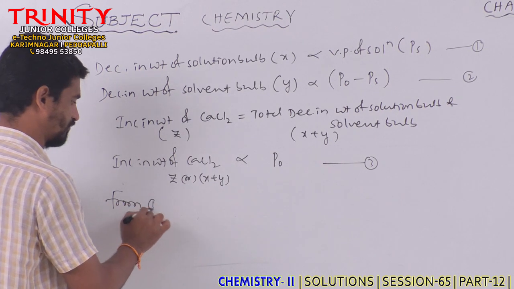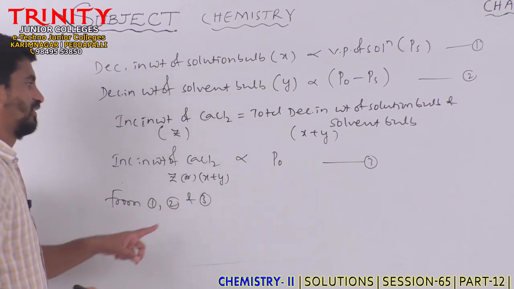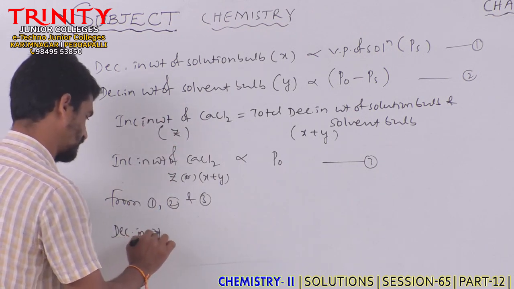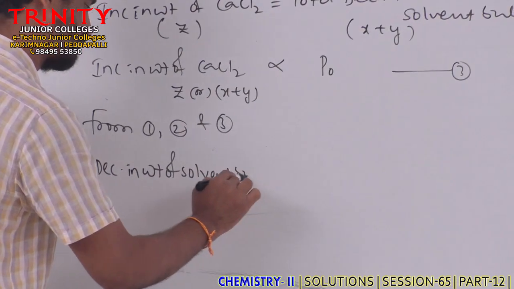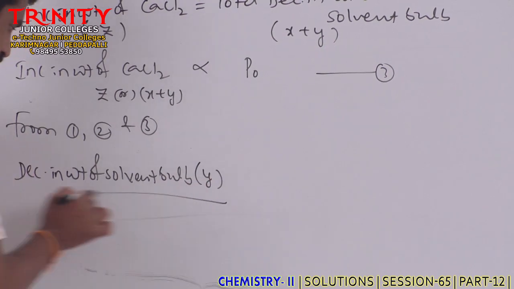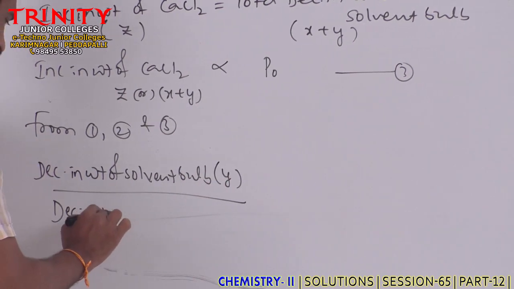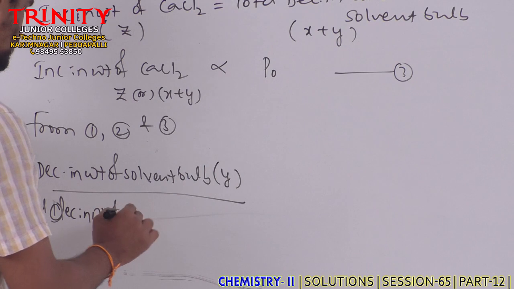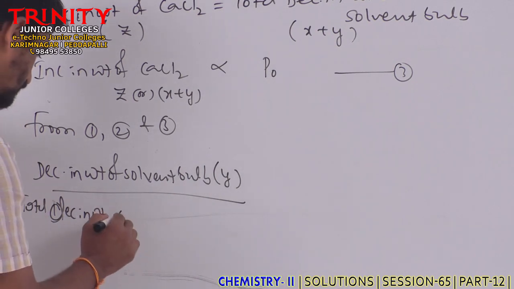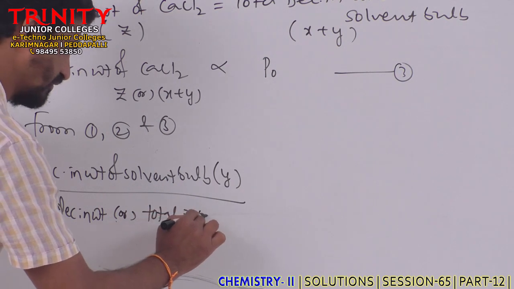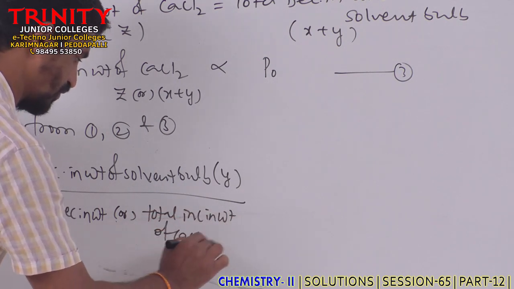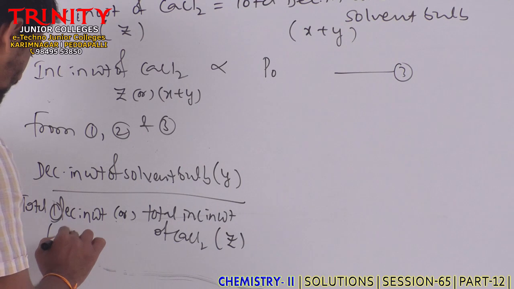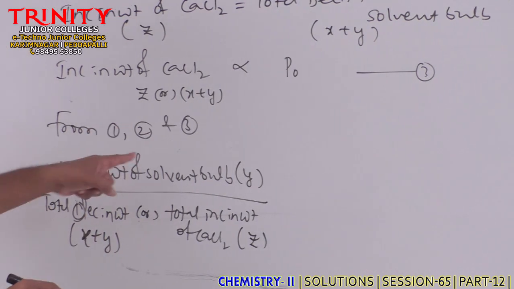Now from equations 1, 2 and 3, what can you say, sir? From equations 1, 2 and 3, we can say the decrease in weight of solvent bulb, that is Y, by the total decrease in weight or total increase in weight of calcium chloride, that is Z, or X plus Y, the total decrease in weight of solution bulb and solvent bulb.